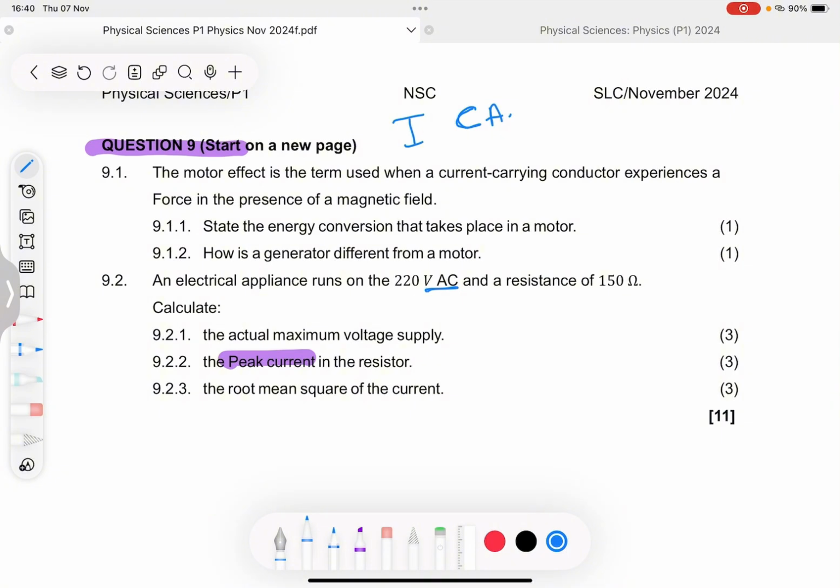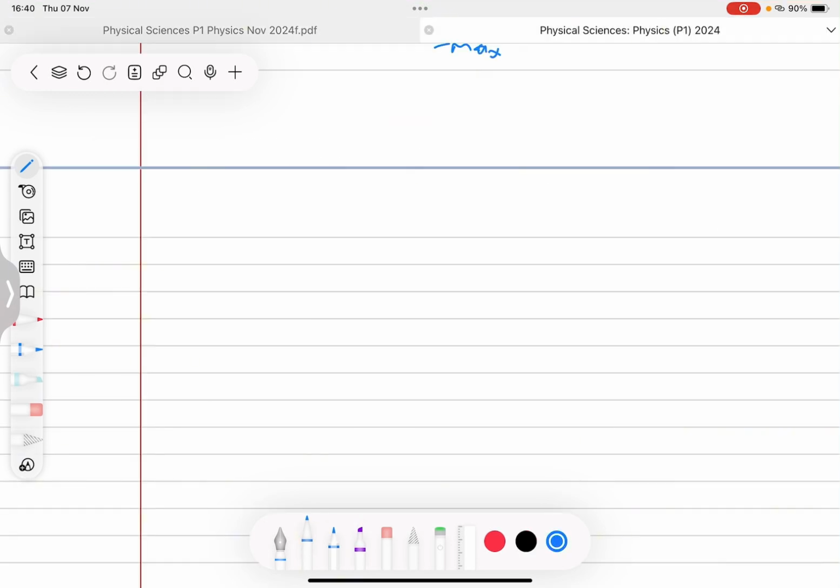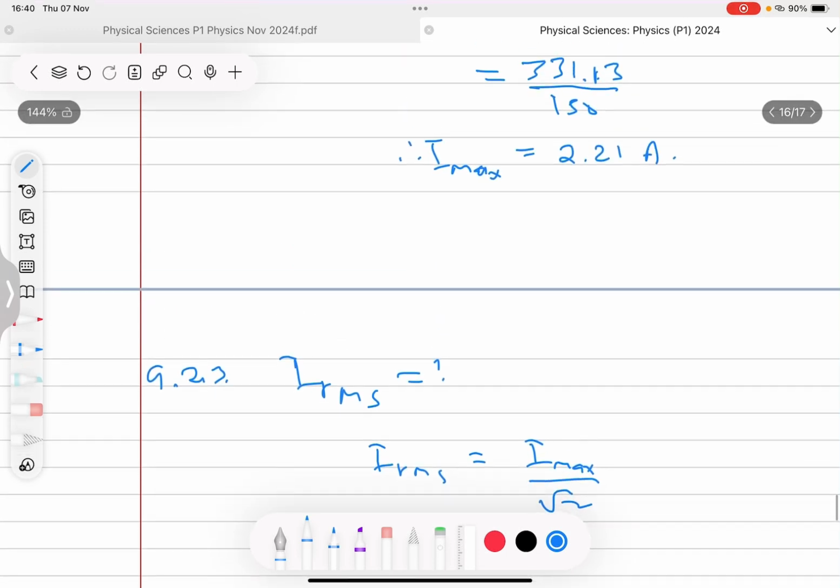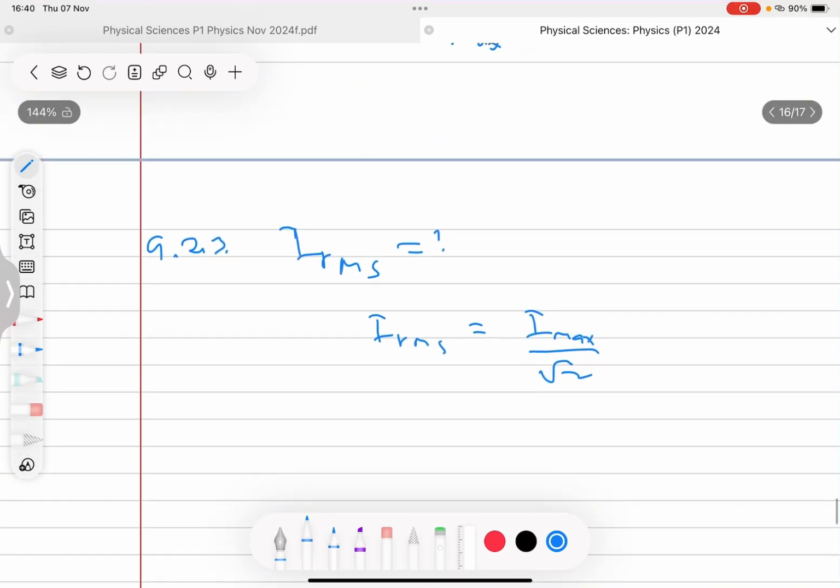Now the last question says calculate the root mean square of the current. So we're looking for the RMS. When we go to our formula sheet, the formula that defines RMS is Irms equals Imax all over the root of 2, and we know our Imax.